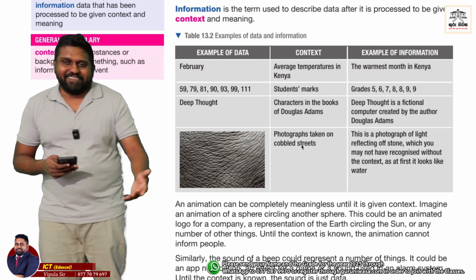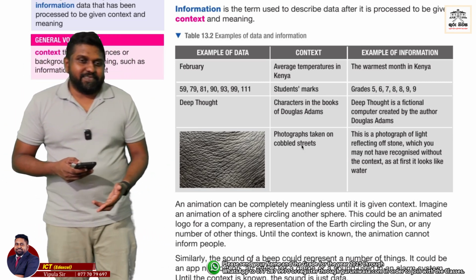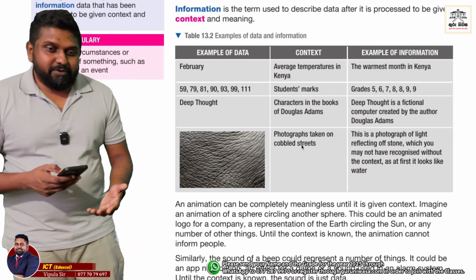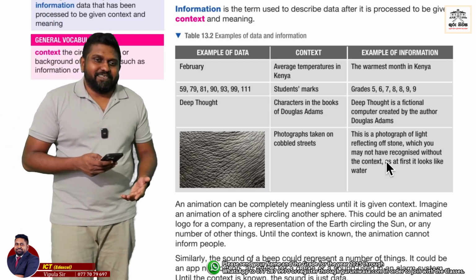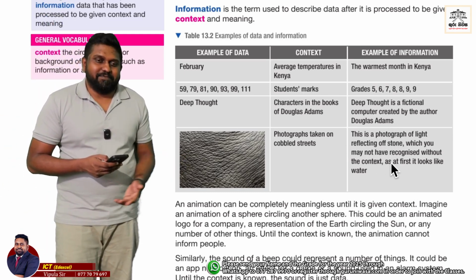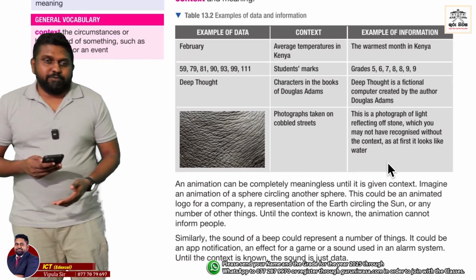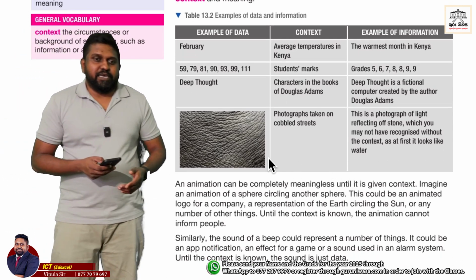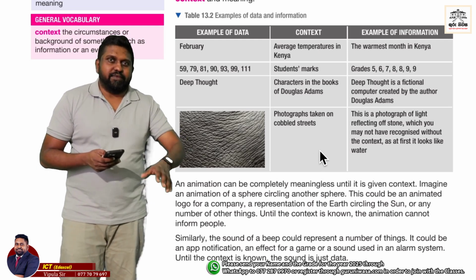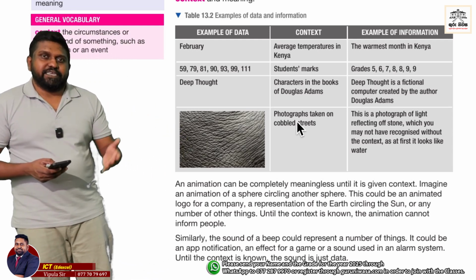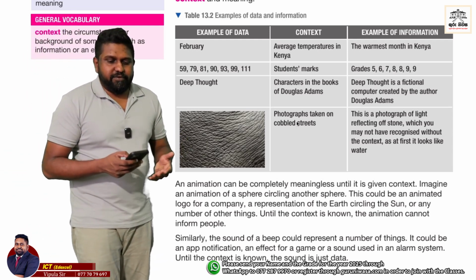It says photographs taken on a cobble street, and the example of information can be something totally else. I know these are not related, but they show how adding a context will change the idea of an image.